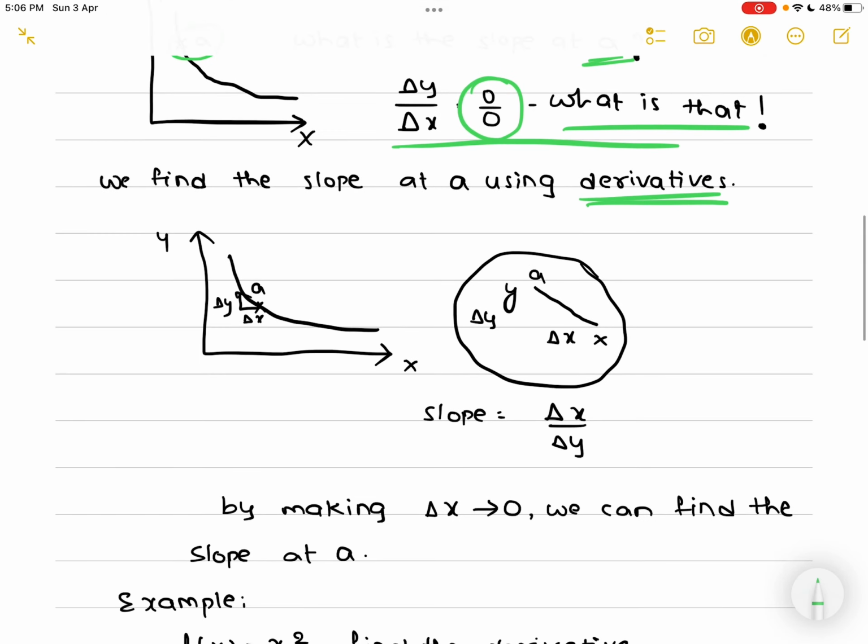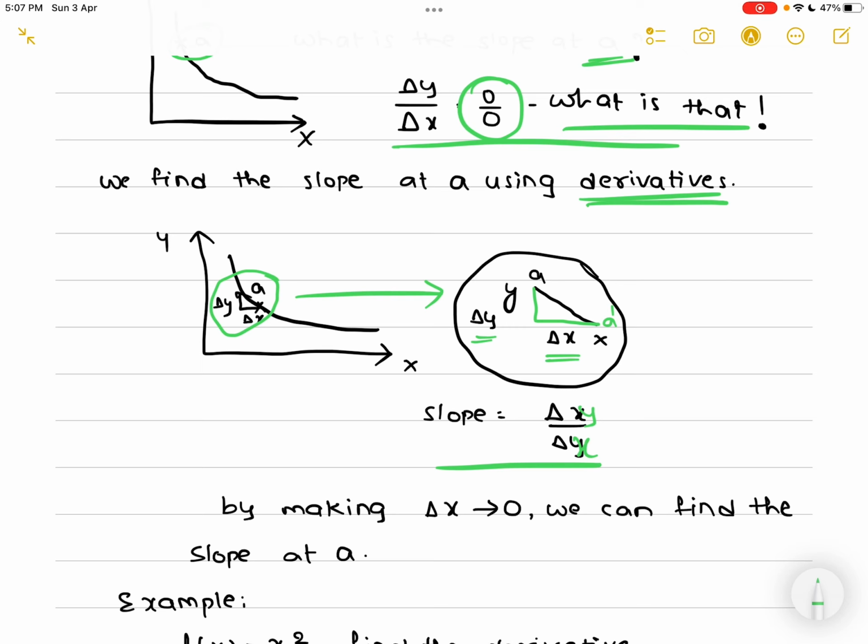Okay, so let's understand what this means. At this point A, we will take another point A dash that is very near to A and find the change in x and change in y, and thus find the slope, that is delta y by delta x.